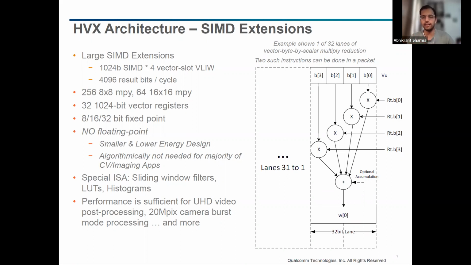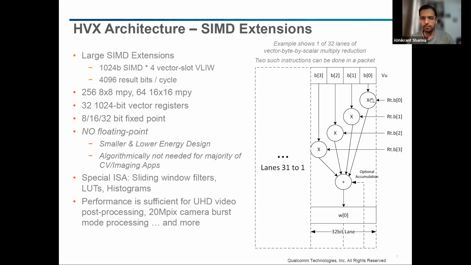In simple terms, we can call it matrix multiplication. When you do a matrix multiplication, you multiply and then you add the result. So this MAC operation is a very important operation when we talk about convolutions. Now, why I'm talking about this is that you have 1024 bits of data in one of the HVX vector.